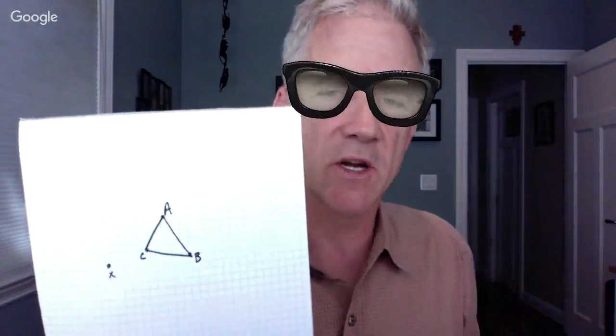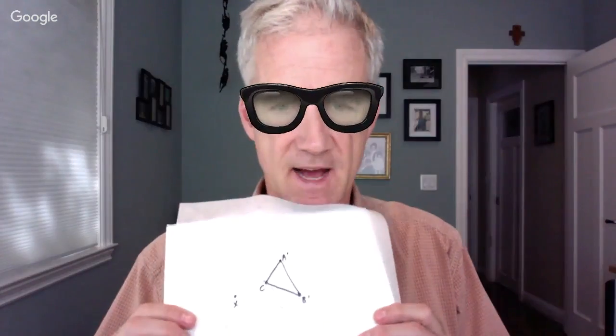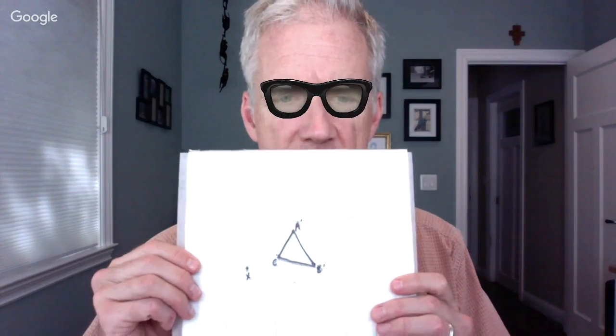Then I'm going to label my objects. So here's my original A, B, C, and we're going to label the copy across the top here A prime, C prime, B prime.